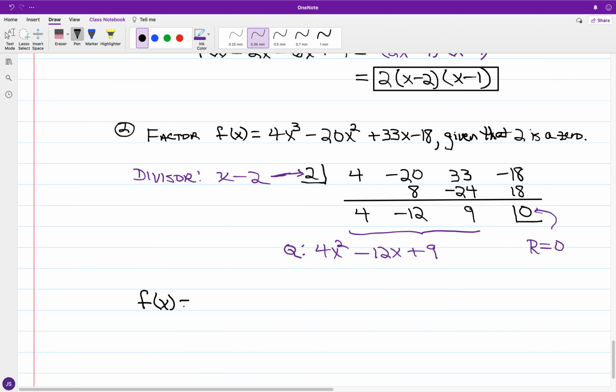So we're going to have f of x is equal to 4x cubed minus 20x squared plus 33x minus 18. And again, with the quotient, we have 4x squared minus 12x plus 9, and we have the divisor, x minus 2.